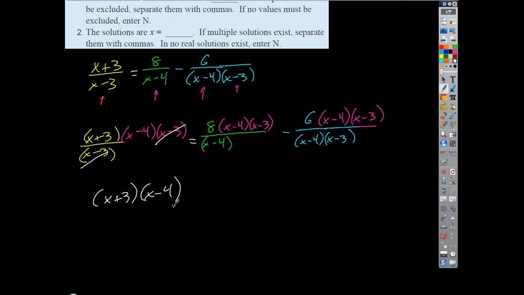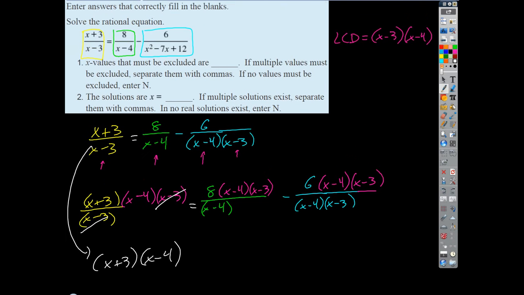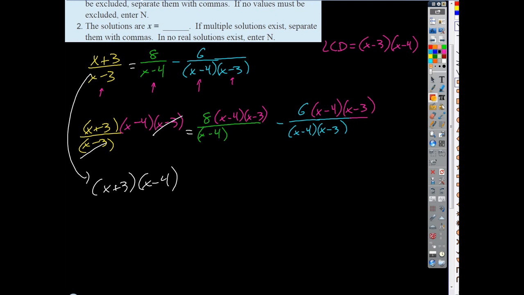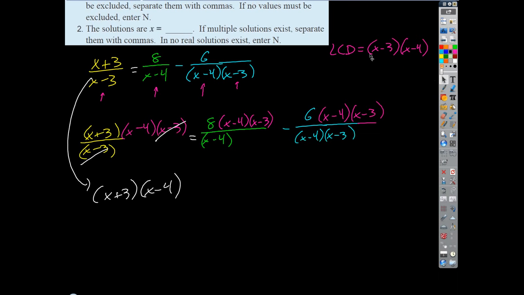We could have probably skipped this middle step by just realizing that when I compare what's on the denominator of the yellow fraction to the factors in the LCD, I can see that the factors that are going to cancel are x minus 3, which would leave us with the x minus 4 on the top, being multiplied by what was already there.